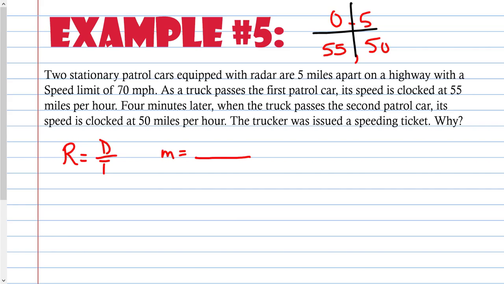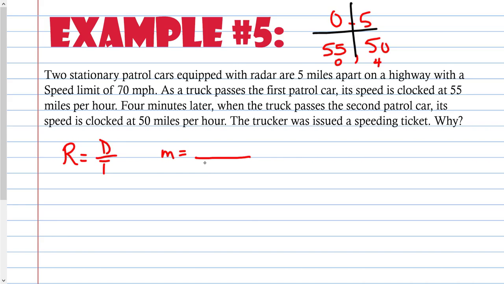From when he started, from the first patrol car to the second patrol car, how long did it take him to get there? 4 minutes later. So you can say 0 minutes and then 4 minutes.